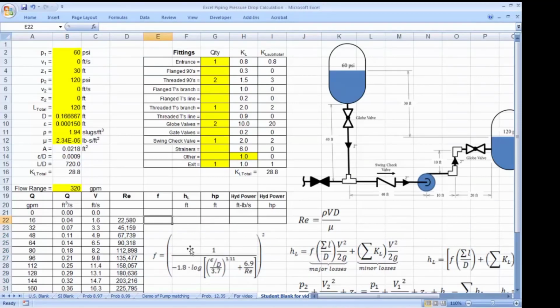I'm also going to add a little cover here because it could potentially be laminar flow. So we'll go ahead and do an if statement.